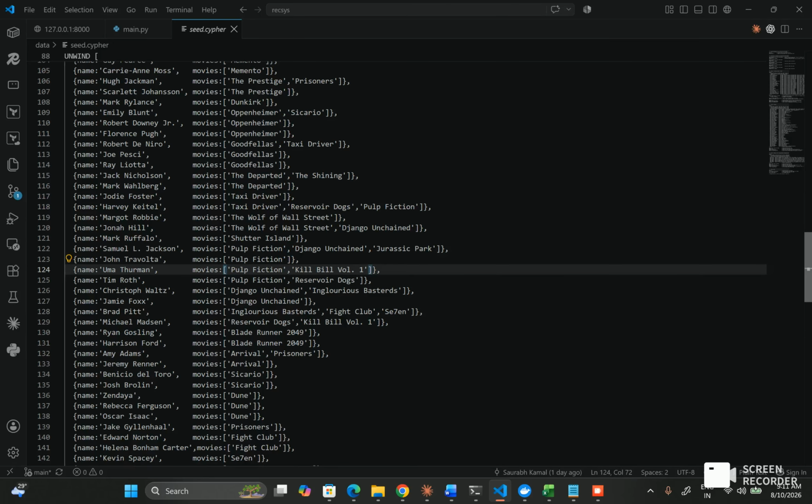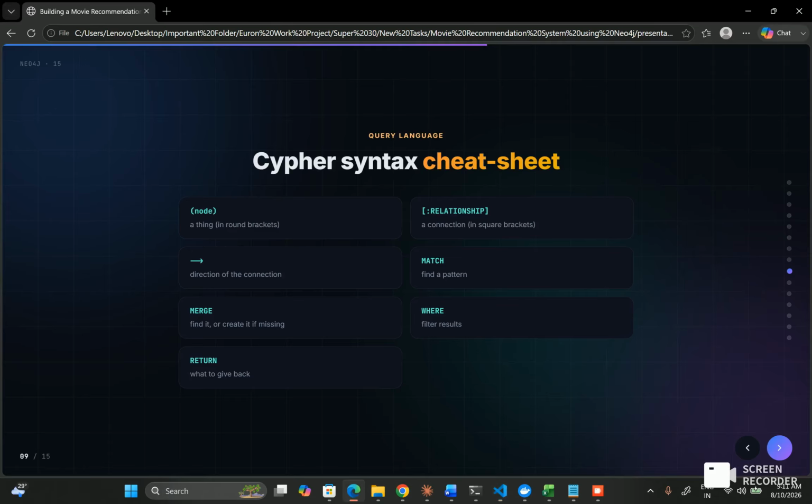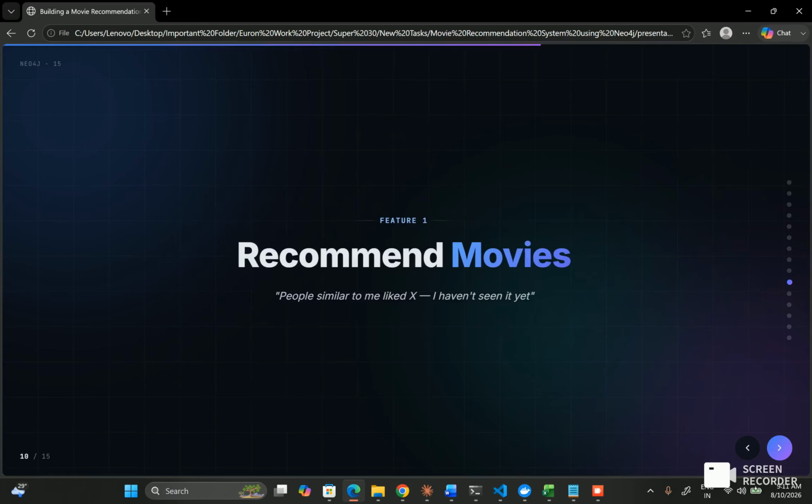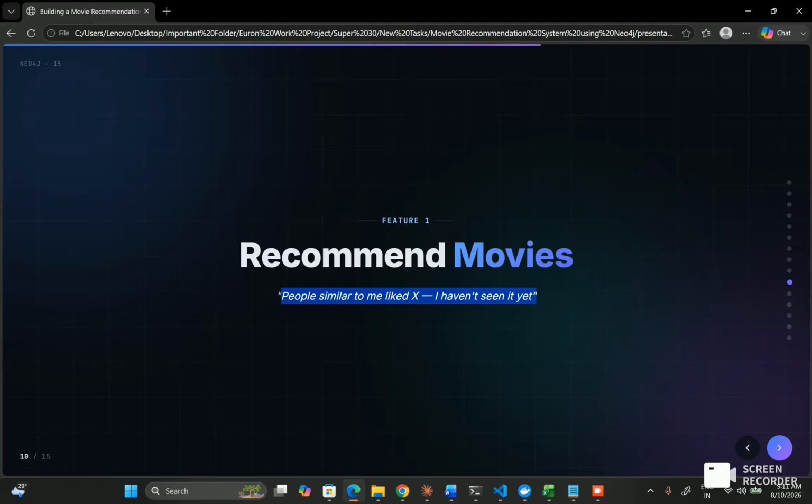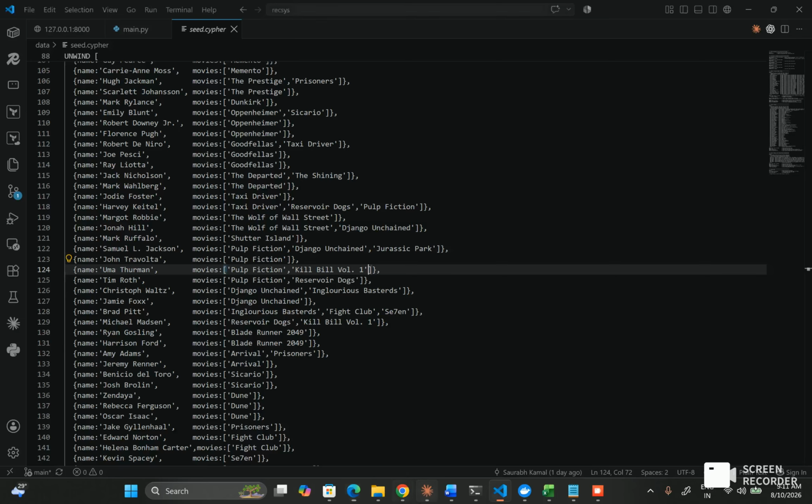Now let me show you the feature that I built with this. The first feature was recommend movies. That is, people similar to me like Dex, I haven't seen it yet. Let me show you with the Neo4j query.